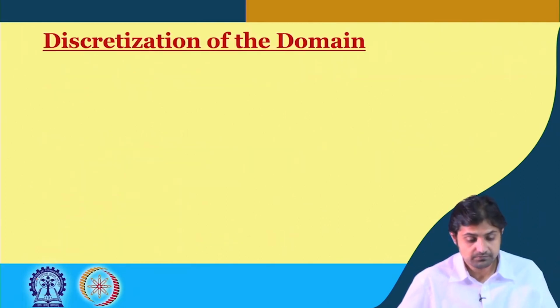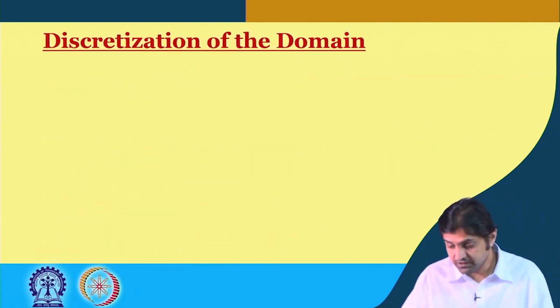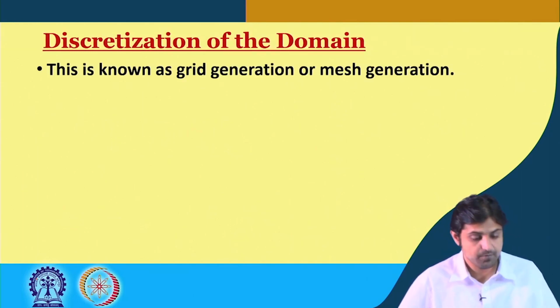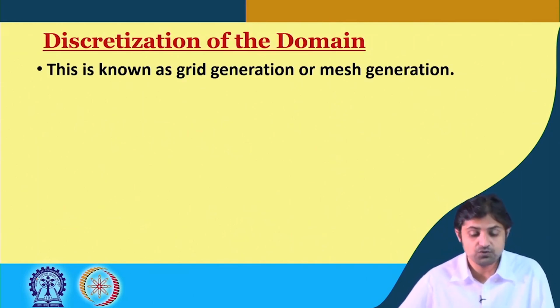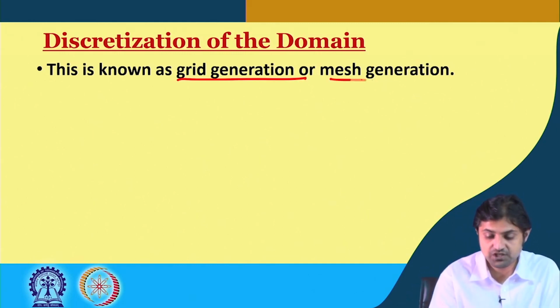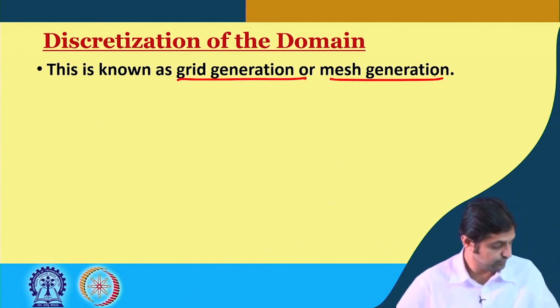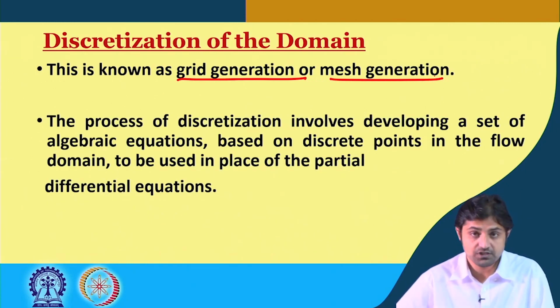So, the second step was discretization of the domain. This process is known as grid generation or mesh generation, all right. This particular process of discretization involves developing a set of algebraic equations based on discrete points in the flow domain, to be used in place of the partial differential equation. We said that instead of the partial differential equation, we try to transform it into algebraic equations.